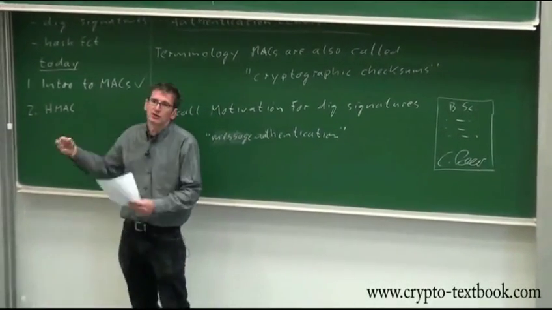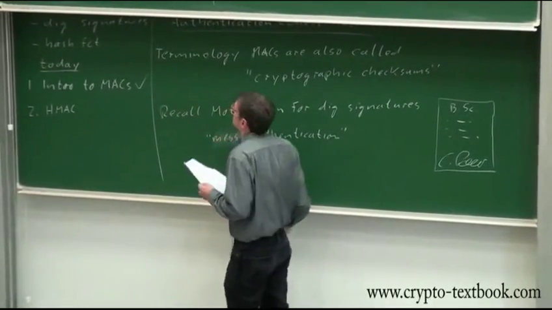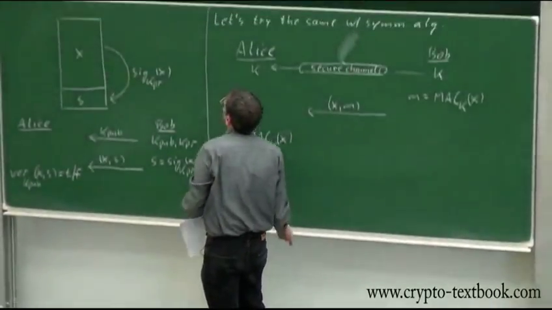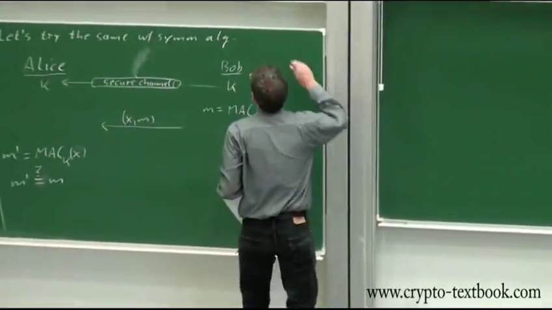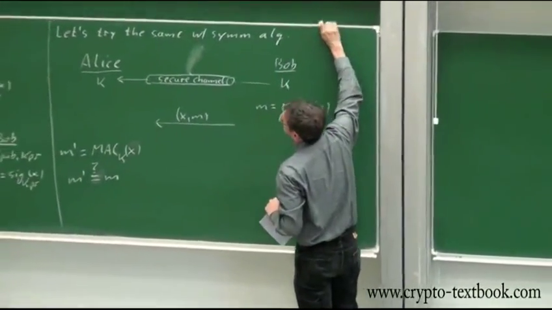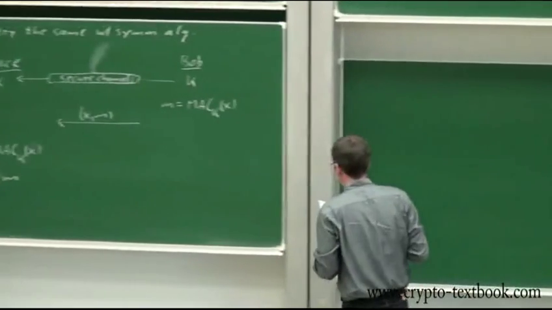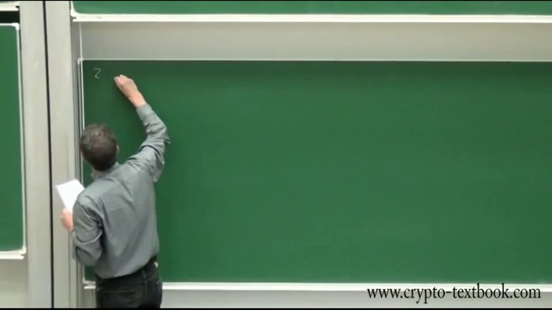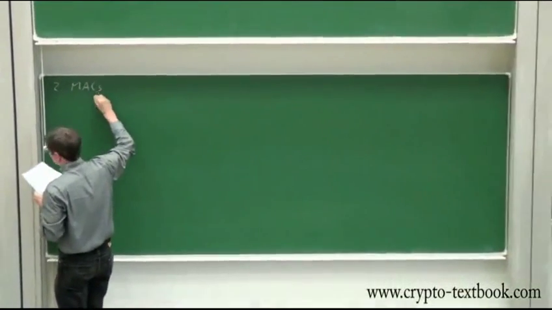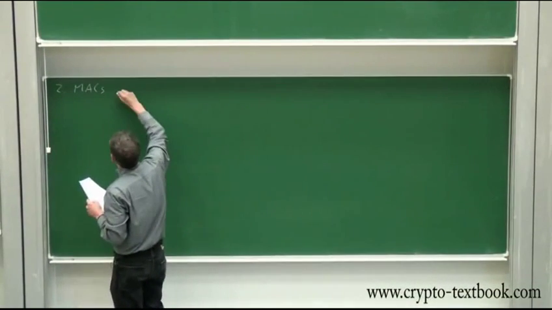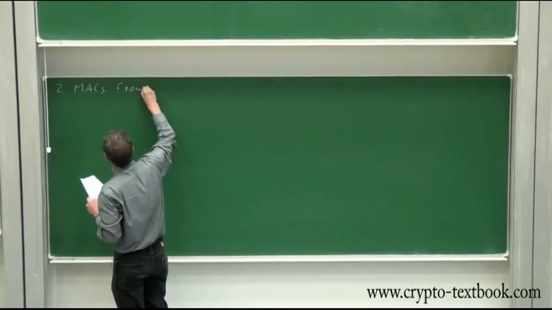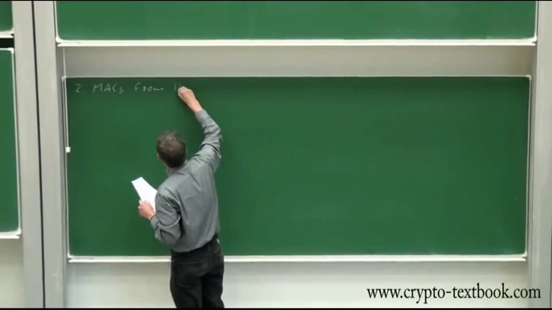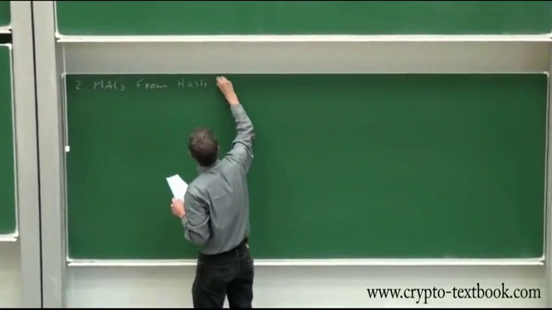We're going to talk about how to actually realize message authentication codes. So the title of the second chapter of today is MACs from Hash Functions.